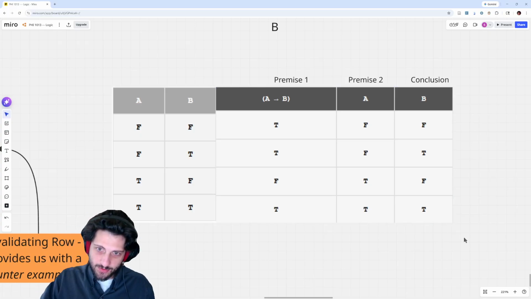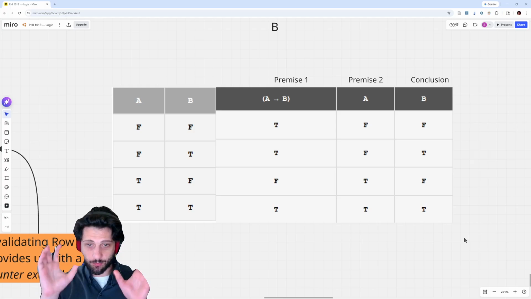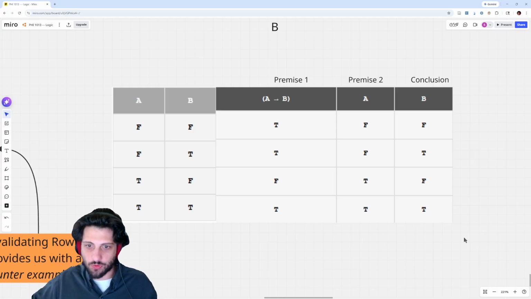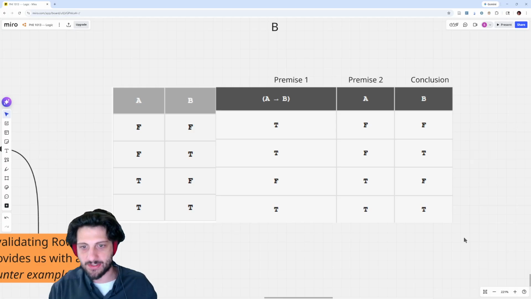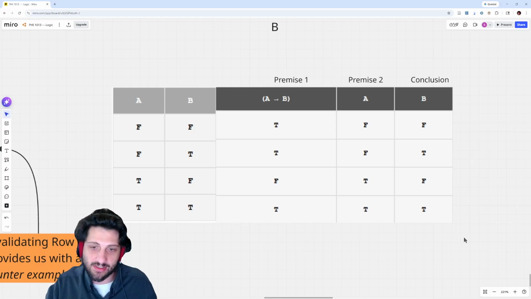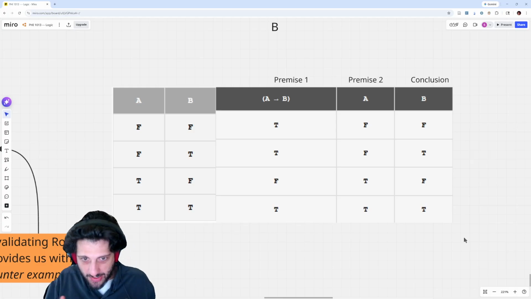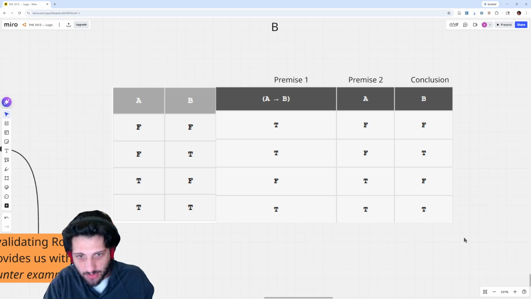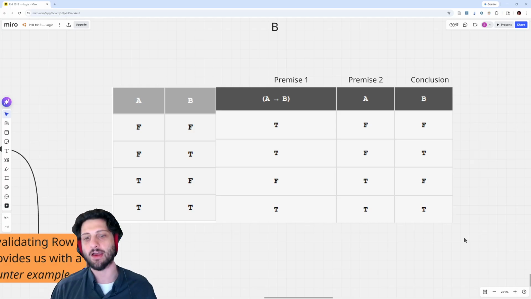No matter where we look, if the premises are both true, we see, boom, the conclusion came for free. In other arguments, we might see multiple rows with true premises, but if it's a valid argument, the conclusion will always be true every time the premises are true. That's the whole point. If you can ever find a place where both your premises are true but your conclusion is false, then those alone haven't guaranteed that the conclusion is going to come along for the ride.